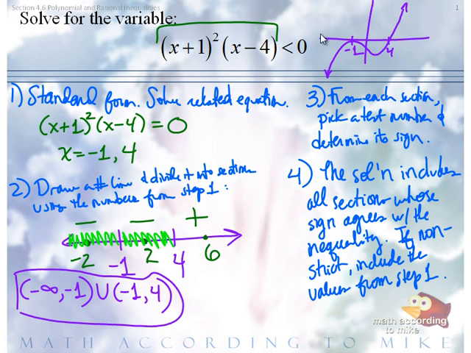Well, notice for these x values here, I picked the wrong color. The graph is below the x-axis. That's what this would say in English. Where's the graph below the x-axis? And then looking at the graph, that'd be to the left of -1 or between -1 and 4, which is the same answer.